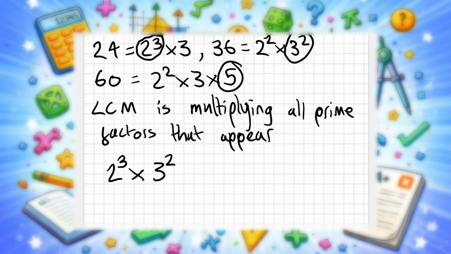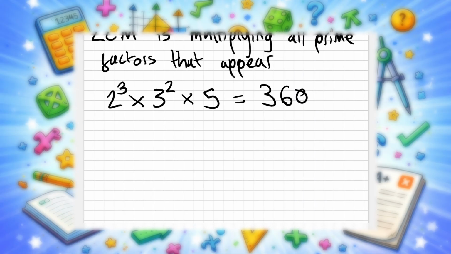And then the highest 5 is just power 1 for 60. So take all of these numbers and powers and multiply them together. So 2 to the power of 3 times 3 to the power of 2 times 5, which gives 360. So 360 is our lowest common multiple.